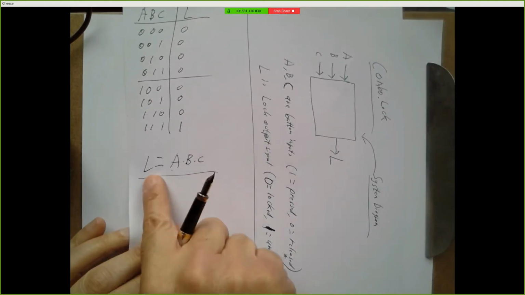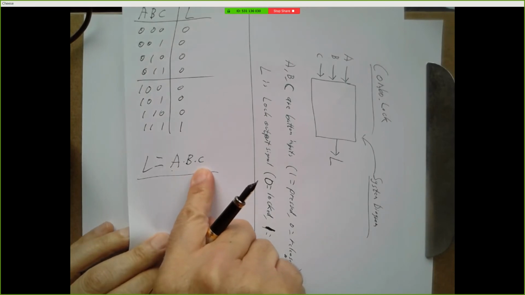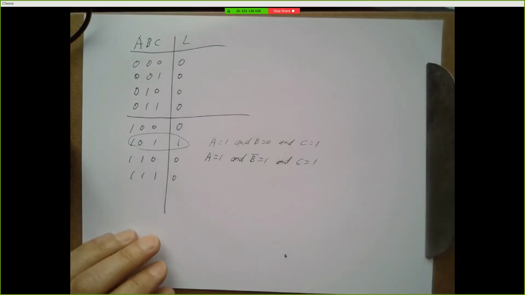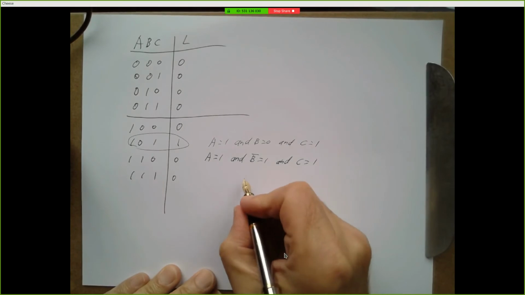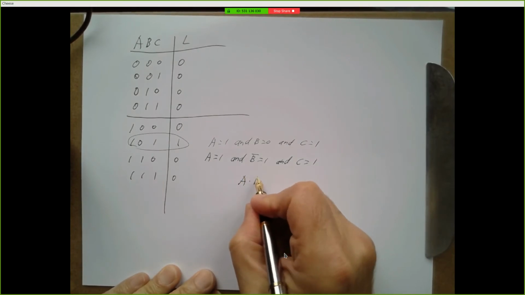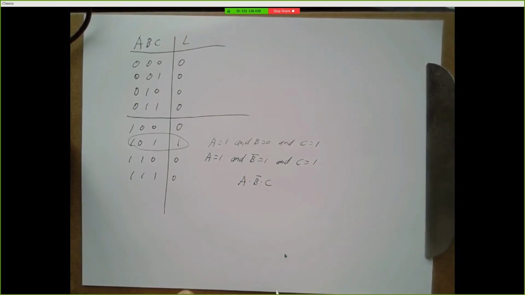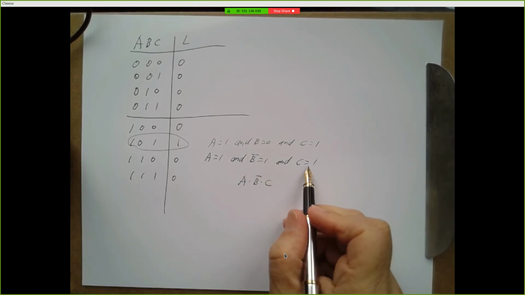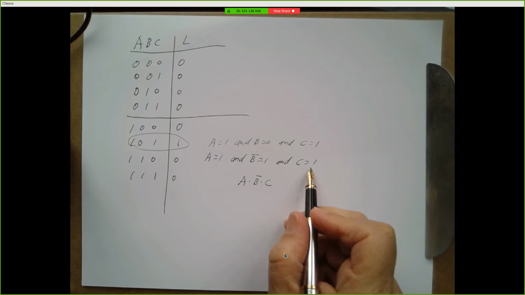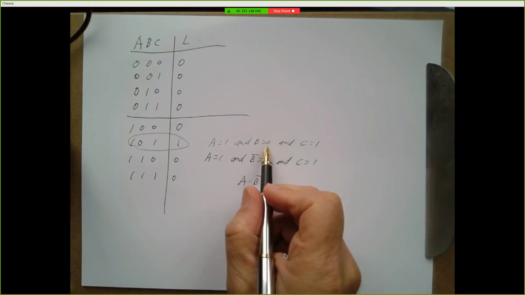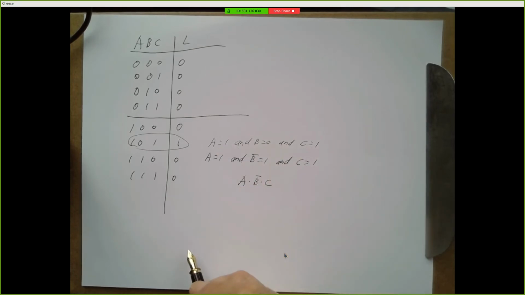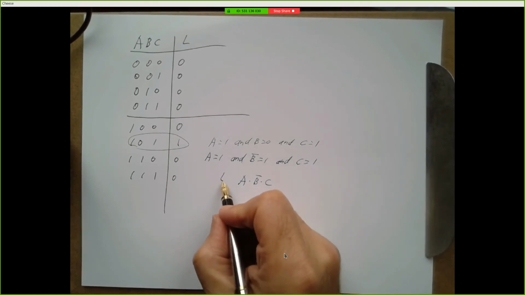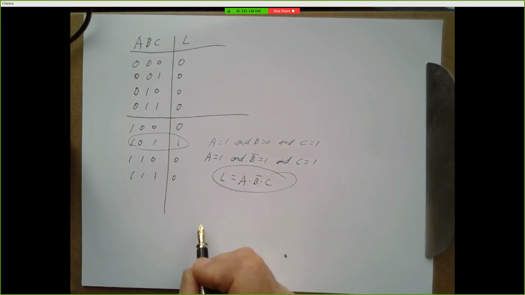So while I know how to write an equation that tells me if 3 things are all 1, it's just an AND. If I were to AND A with B bar and C, this should be 1 when A is 1 and B bar is 1 and C is 1, which is also the case when A is 1 and B is 0 and C is 1. So if I set L equal to A, B bar, C, this is exactly the truth table I get.